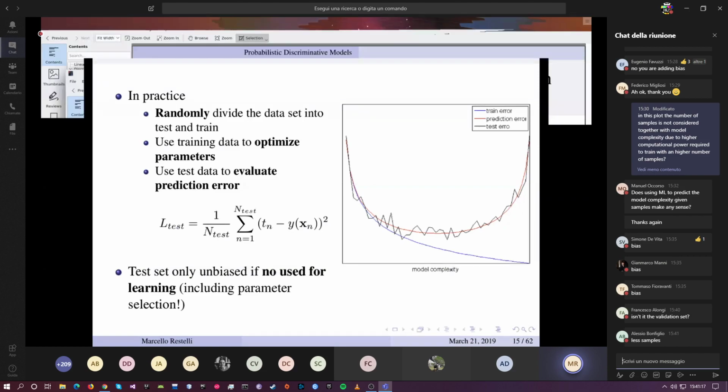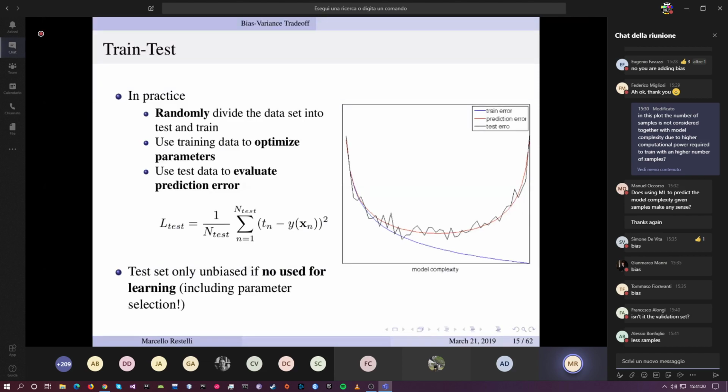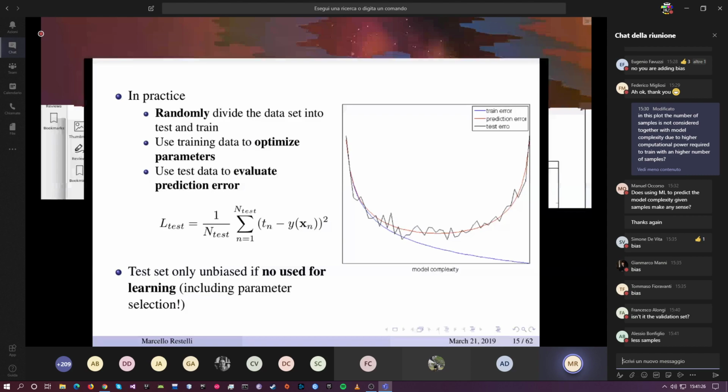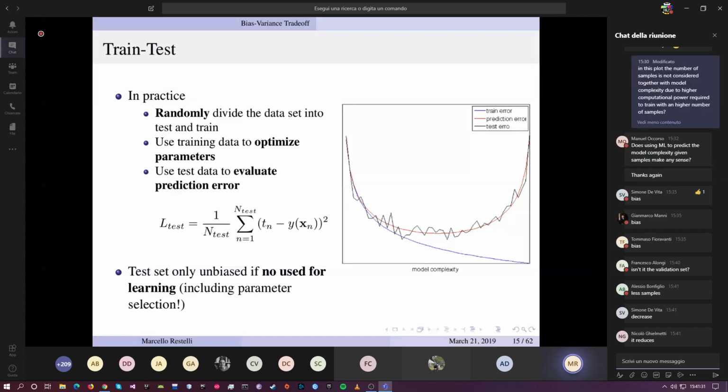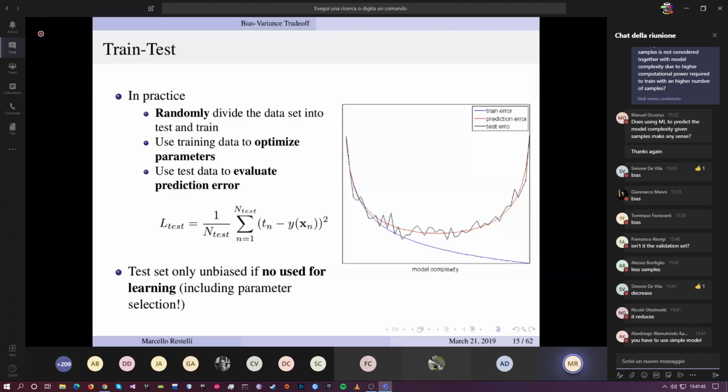And when you have fewer samples, what happens to the model complexity that you can afford? If I have less data, I can learn models that are simpler. You have said that the more data you have, the more complex the models you can learn. But if I have to reduce the data because I need to save some for testing the performance, I can't use all the data for training, and so the model that I will learn, unfortunately, will be less accurate.